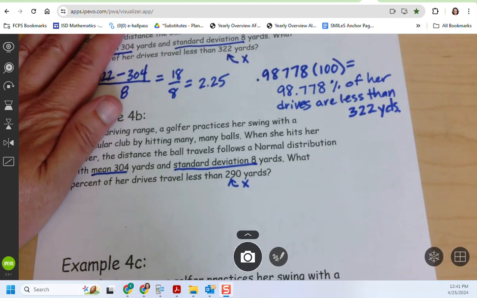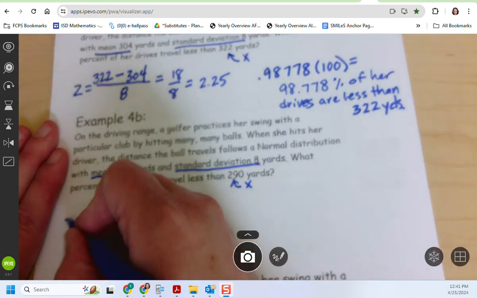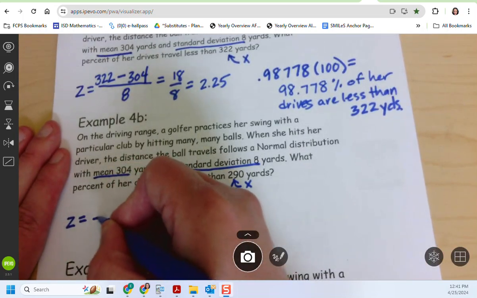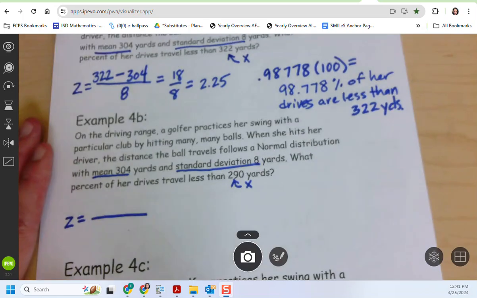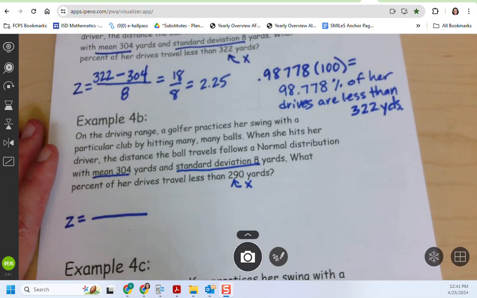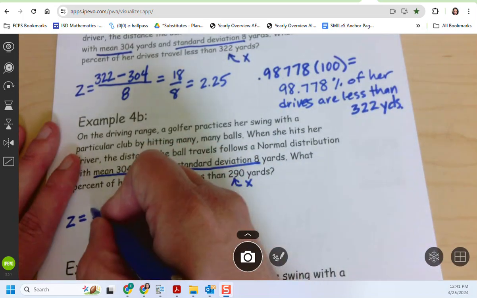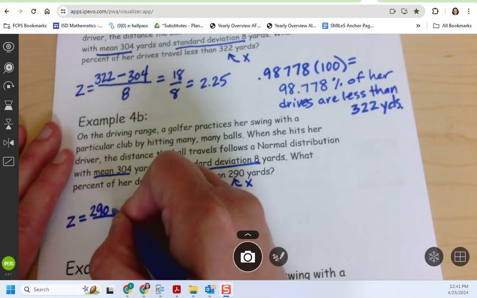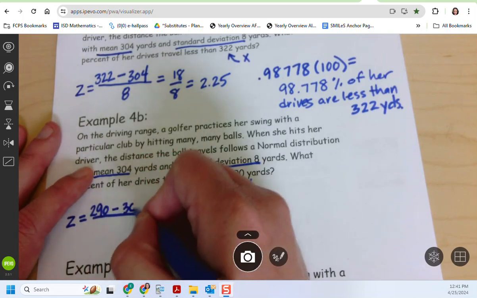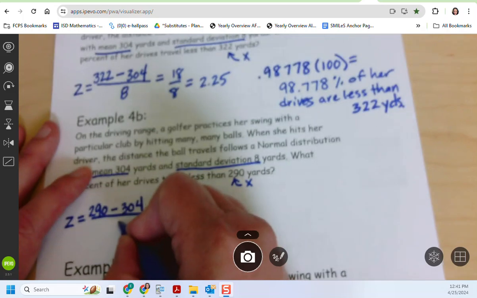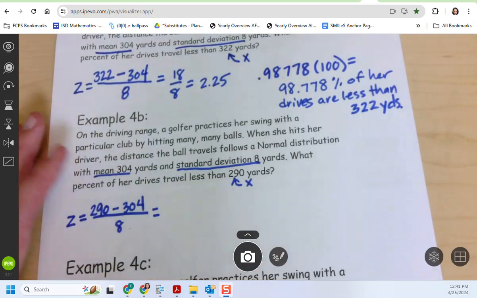So first thing we're going to do is find your z-score. Z equals x. What number was x? Thank you. 290. And then minus my mean, which is right here, and over my standard deviation. And this time I'm getting negative 14 over 8. Anybody else get negative 14 over 8?